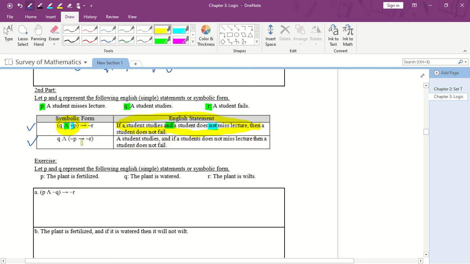However, if it is in this way, you see, this is the thing. So you can see Q means a student studies, then N, so you can see the N here. Negation P, then if, then here. And since it's this to this, then it's if, then to that.